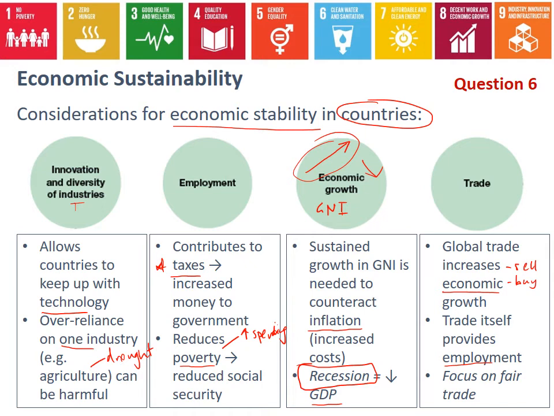We'll come back to this a little bit later, but the focus as well is on fair trade. Fair trade basically means that people all along the chain of a product are being paid properly for what they do.